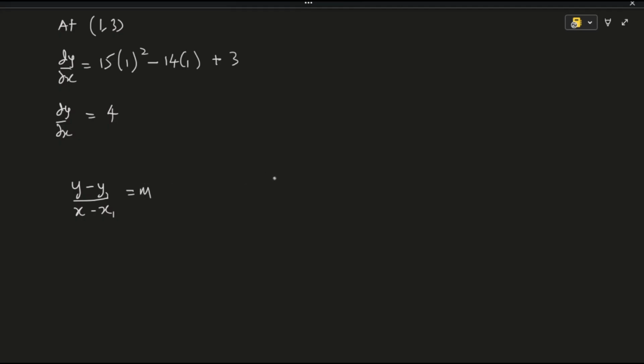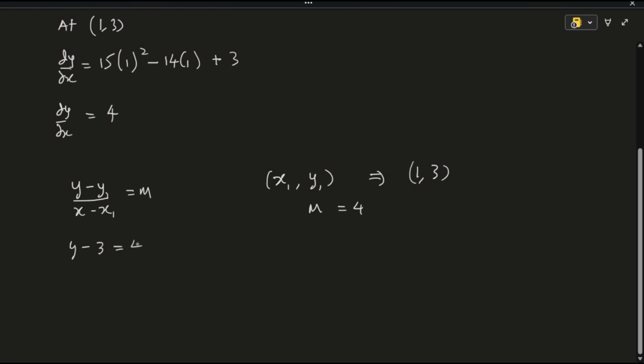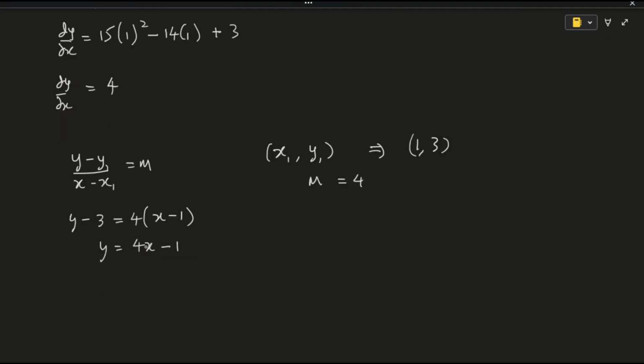So our point of interest, x subscript 1, y subscript 1 is 1, 3. Our gradient is 4. So when we do the substitution, we're going to have the equation of the tangent as so this is the equation of the tangent to the curve at the point 1, 3.